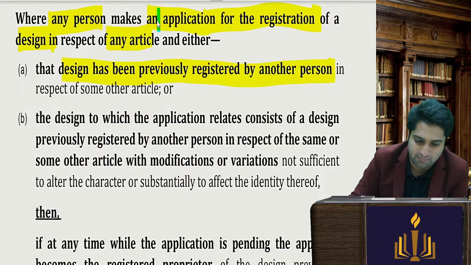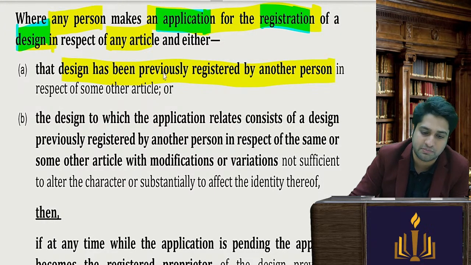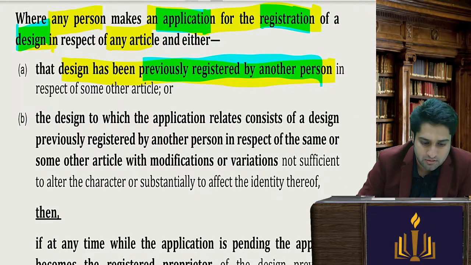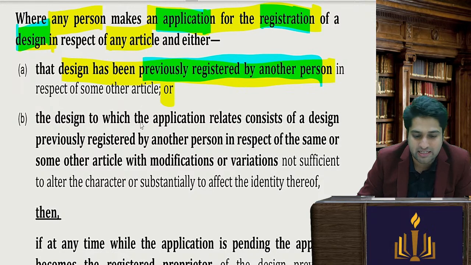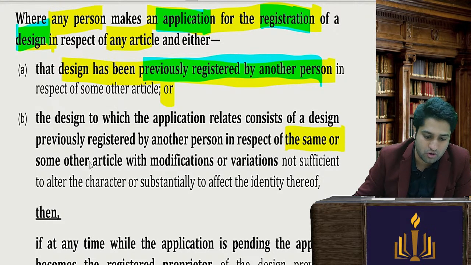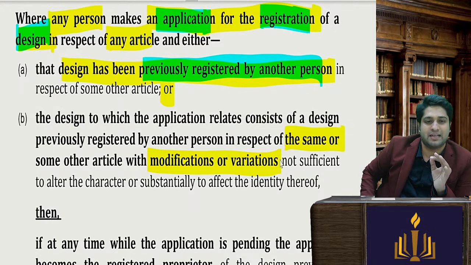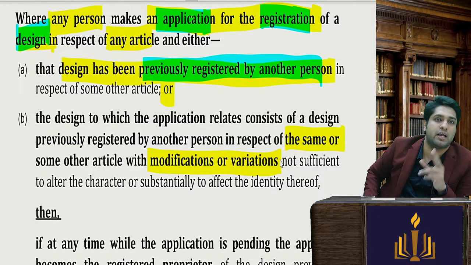So I have made an application to register a design which has been previously registered in the name of another person, or a design to which the application relates consists of designs previously registered in respect of this with the same or modification or variation. So there is one guy who is coming using the same or similar design and saying that register in my name. Should the controller allow or not allow?